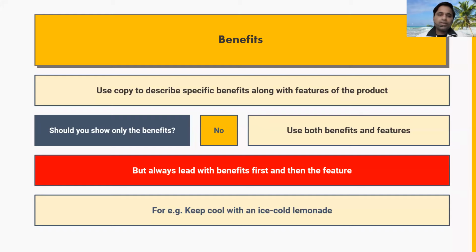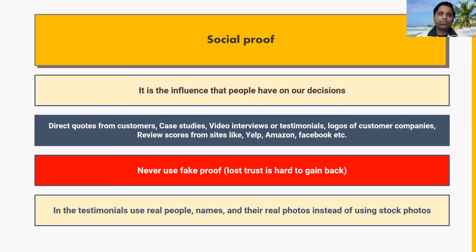And if I use just the words that my lemonade helps to keep you cool, then that is just a benefit. So I need to combine both. Lead with the benefit first, that is my lemonade helps to keep you cool. Then append the feature at the end, that is, you keep cool by drinking my ice cold lemonade. So this is the format that you should aim for.